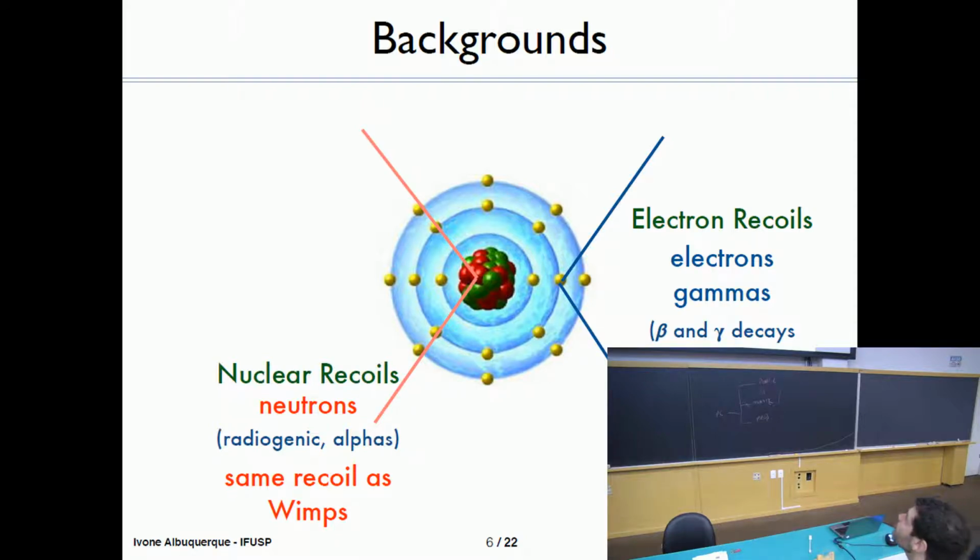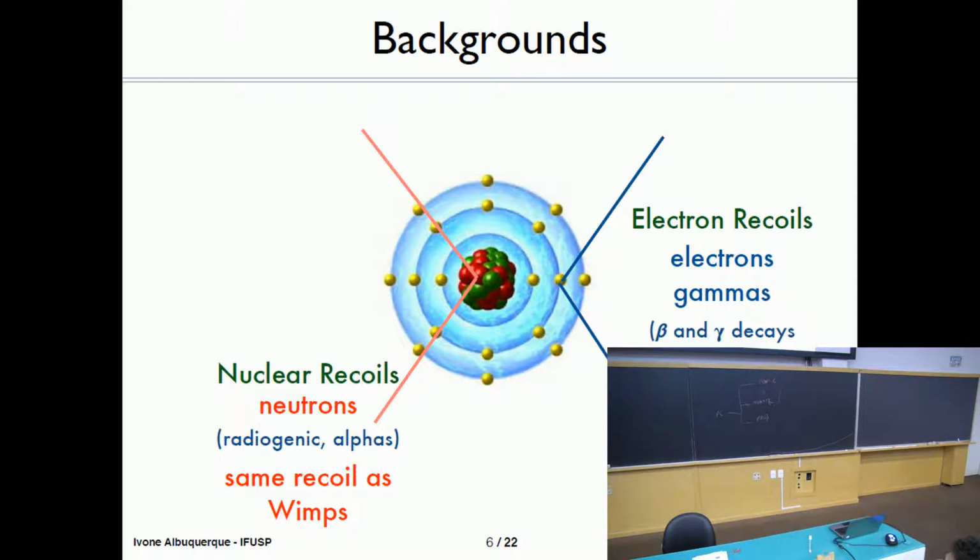So the backgrounds for WIMP detection come mainly from two sources. They can be electrons and gammas, and these are produced in the TPC around the detector and in the cryostat, and they will mainly interact with the electrons of the argon atom.